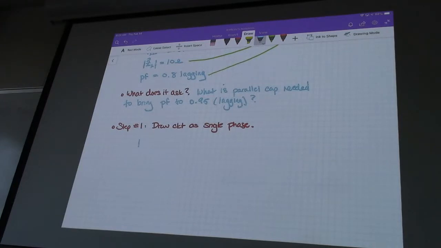We're going to have a line to neutral source, and we're going to have a single impedance. And we'll have our cap over here.